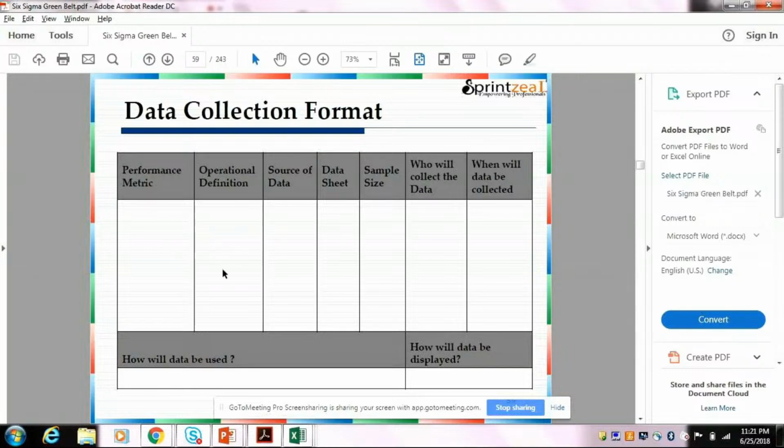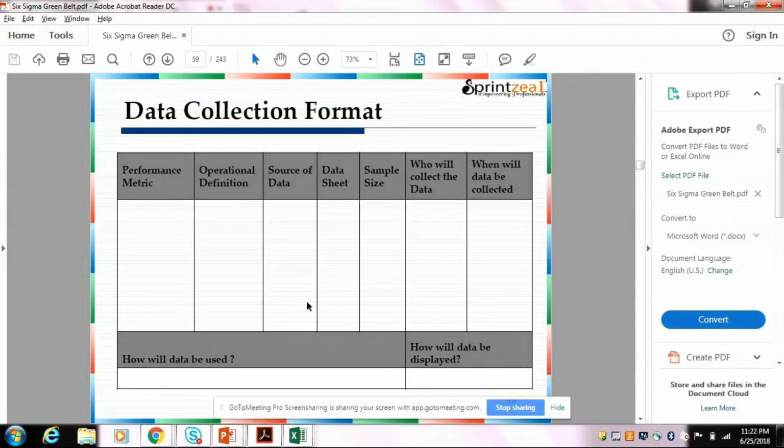How you calculate average handling time would come here. What is the source where you have picked up the data? Is there any data sheet? If yes, what is the data sheet? What is the sample that you have taken to collect the data? Who will collect the data? Where will the data be collected? Where will it be stored? How will you use that particular data, and how would you display it? Everything should come in the data collection plan.